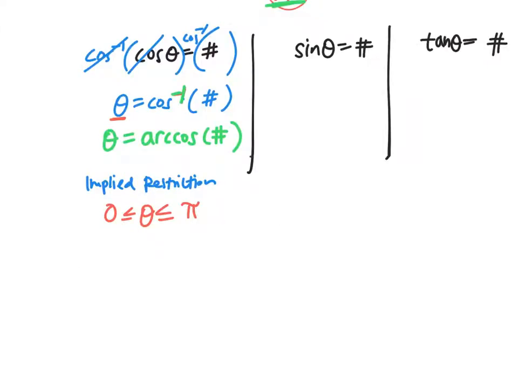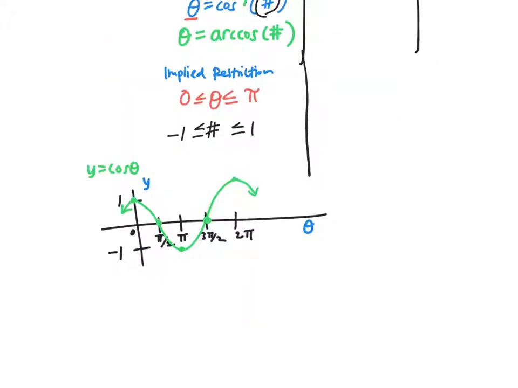Something else we want to consider for cosine theta here is that your ratio for cosine or inverse cosine must be between -1 and 1. Let's take a look at why this might be. Here's my y equals cosine of theta graph, just a little portion of it.